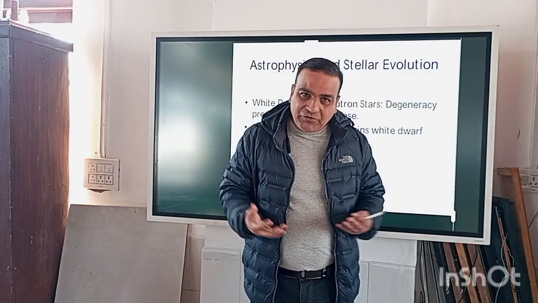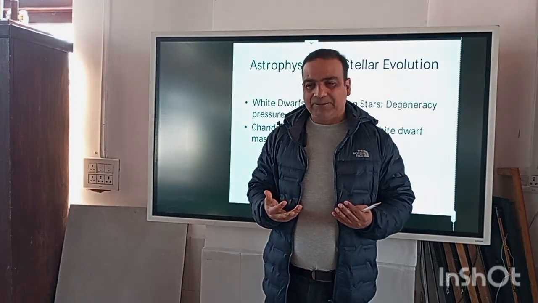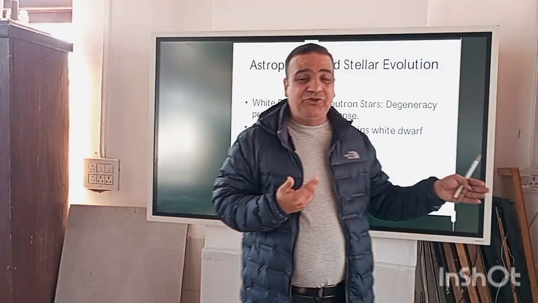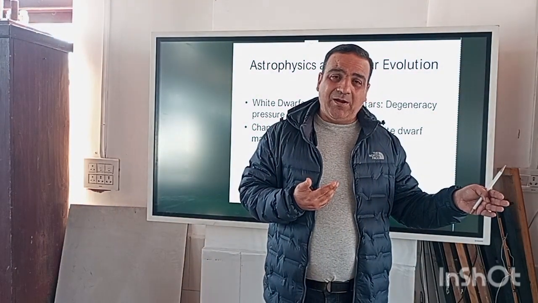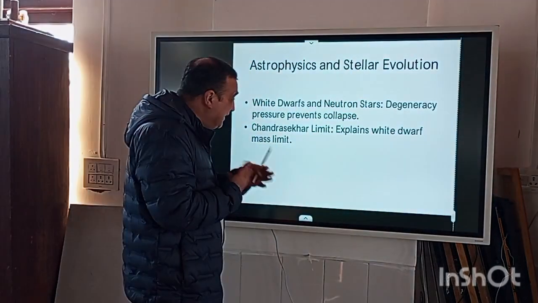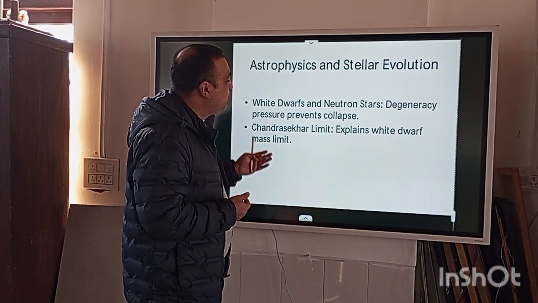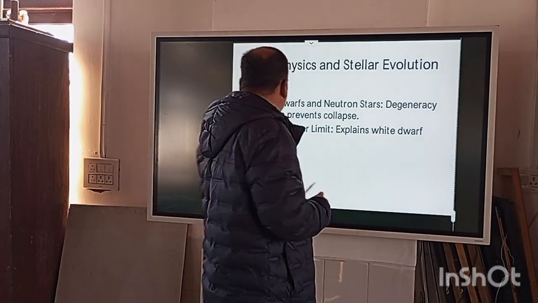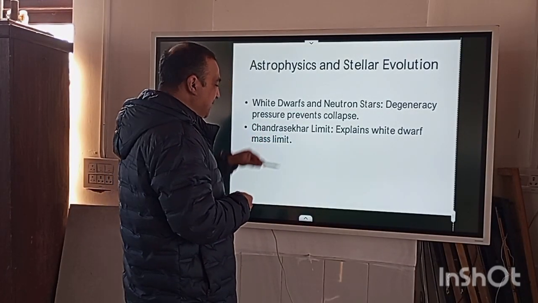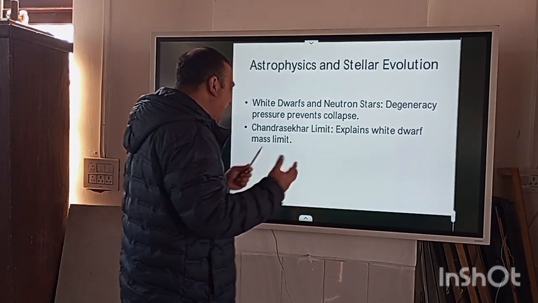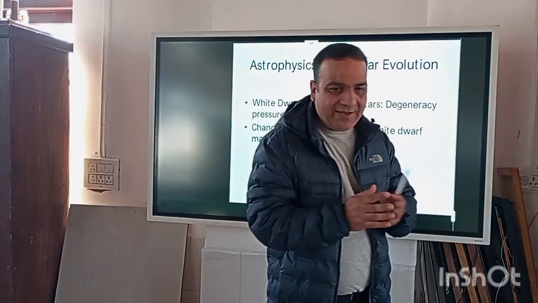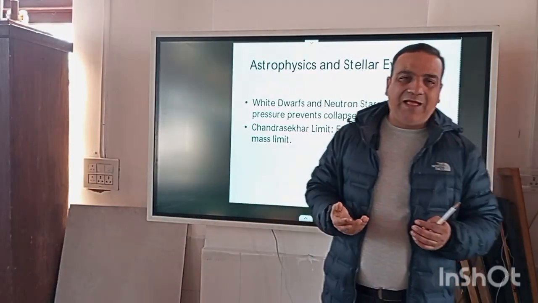The origin of this degeneracy pressure is Pauli's exclusion principle, because you have a limitation on filling up your orbitals in the atoms. That limitation leads to the formation of white dwarfs and neutron stars. And this Chandrasekhar limit explains why within a certain limit we have a white dwarf, and why in certain other limits we have black holes.